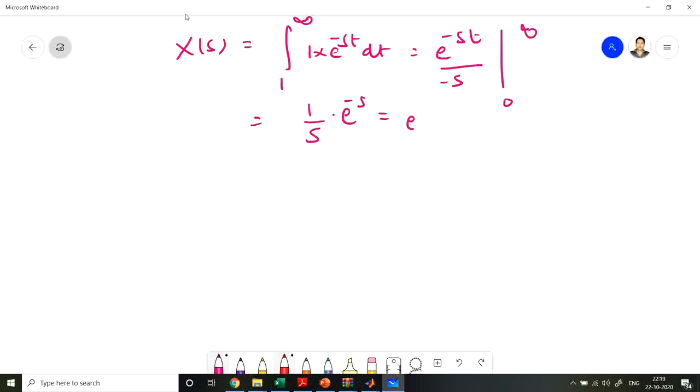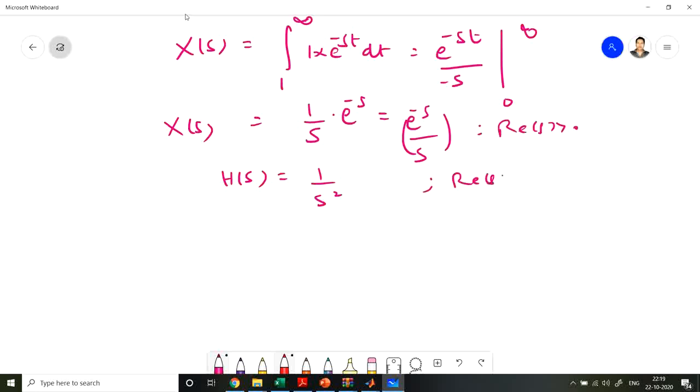So it is e raised to the power minus s divided by s. This is the Laplace transform X(s), and H(s) is already calculated: 1 divided by s square. Both have real part of s greater than 0. Basically both are right sided signals.